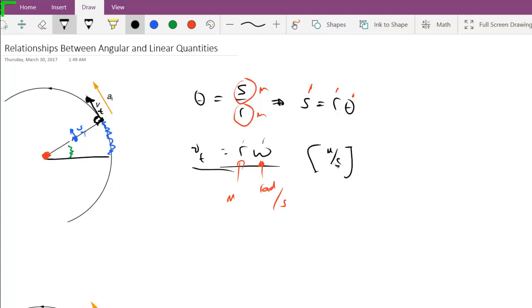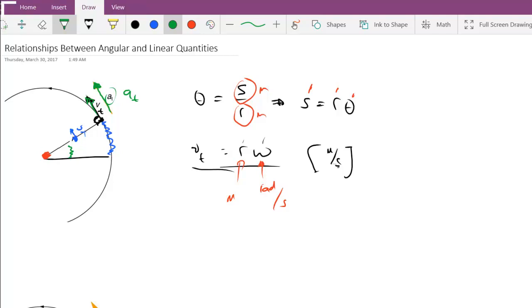Similarly, we can talk about a tangential acceleration. I know previously we looked at things going in uniform circular motion, so the speed didn't change, but now that we have torques and things, we can speed them up as they go in circles. So this is the tangential acceleration, at. This is again perpendicular to a radial line, so the tangential acceleration would be in the same direction as the tangential velocity, parallel or anti-parallel, one of the two.